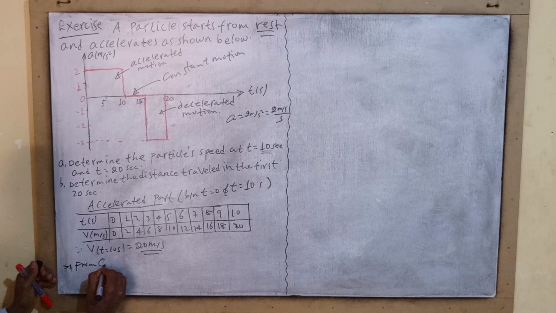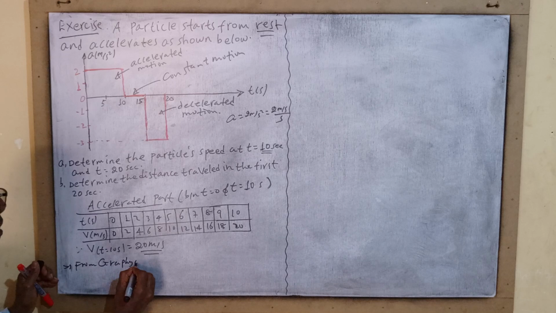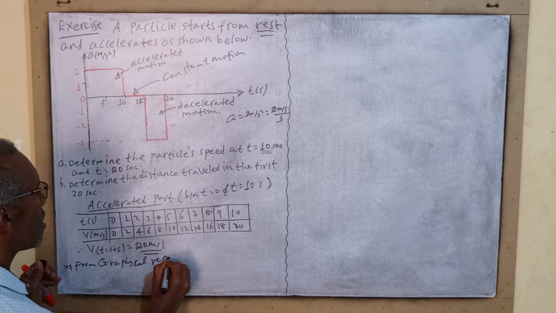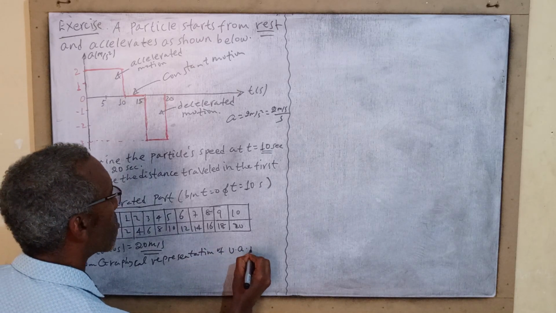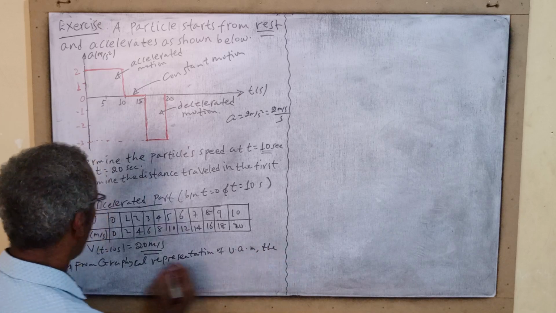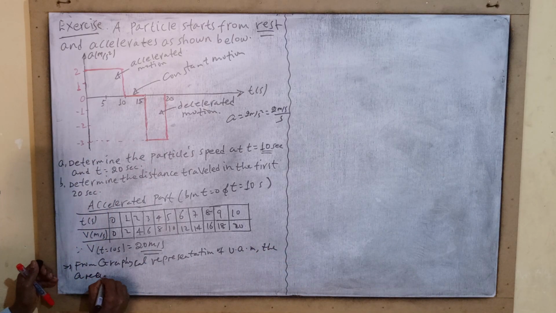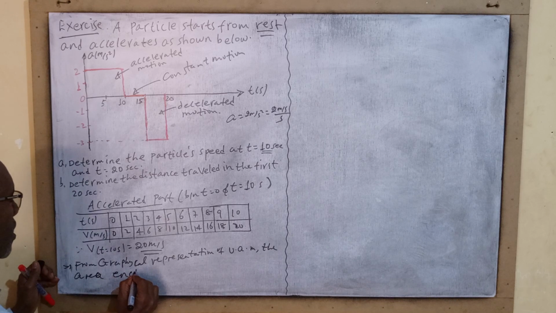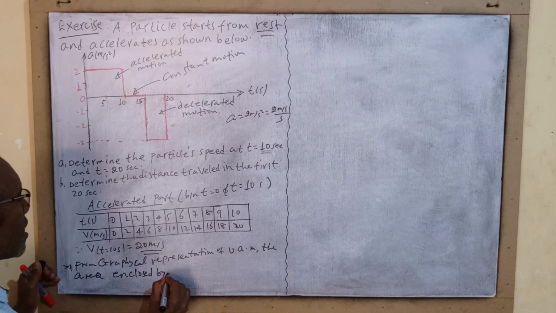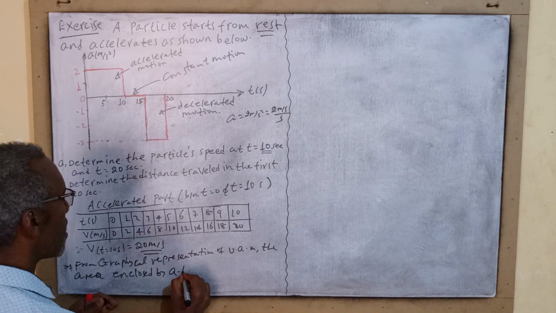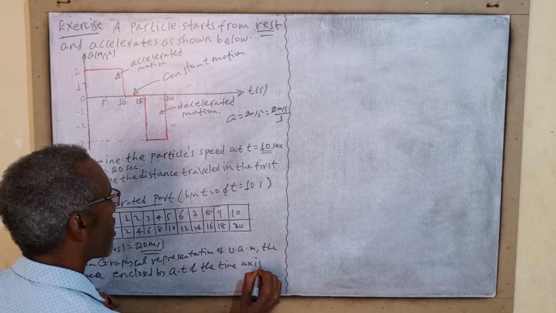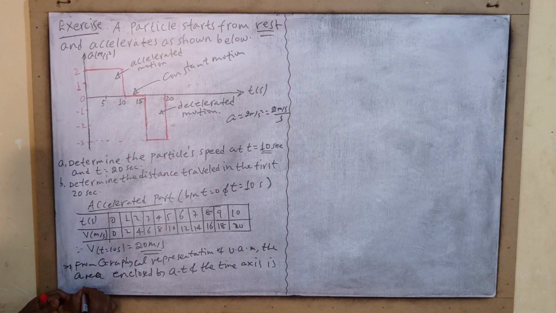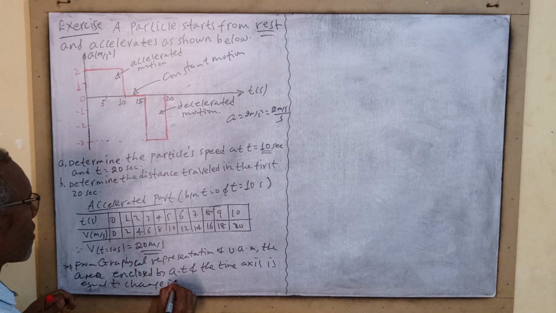From the graphical representation of uniformly accelerated motion, the area enclosed by the acceleration versus time graph curve and the time axis is always equal to the change in velocity.